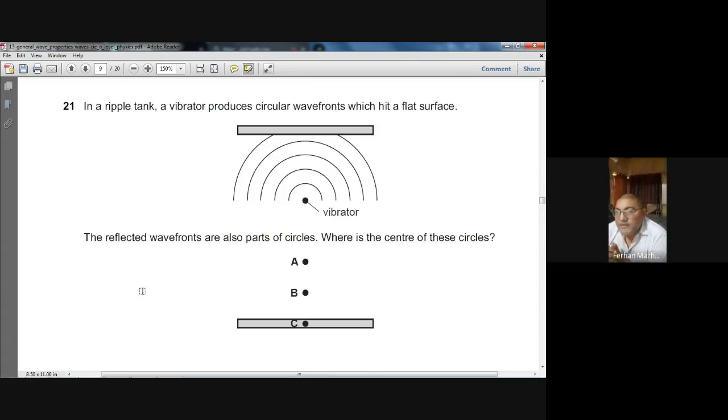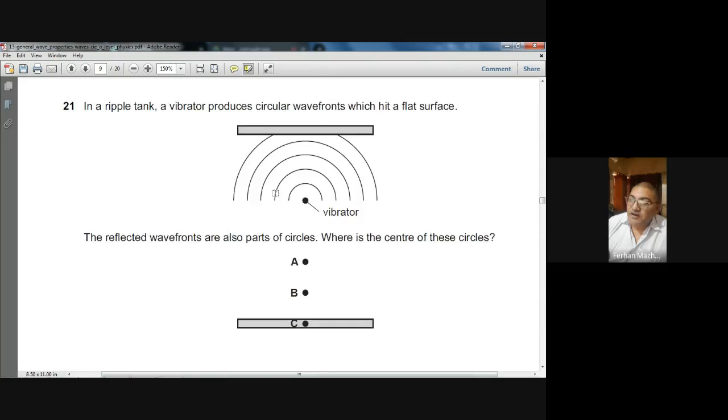In a ripple tank, a vibrator produces circular wave fronts which hit a flat surface. The reflected wave fronts are also part of a circle. Where is the center of these circles? You see, here the process of reflection is taking place. The water wave is reflected. So it's exactly like the reflection in a mirror.